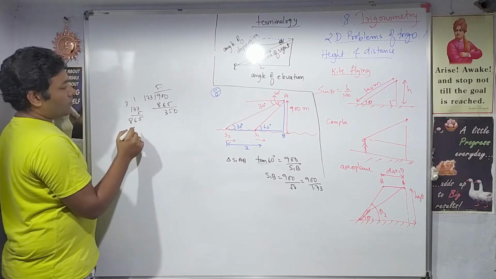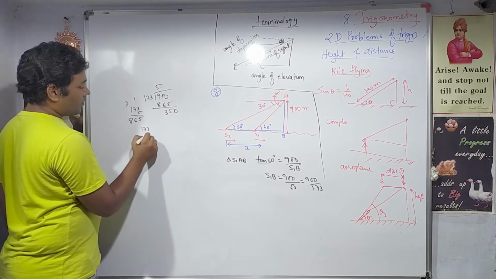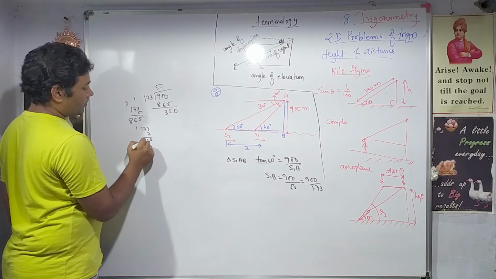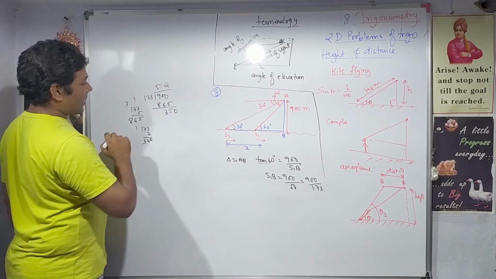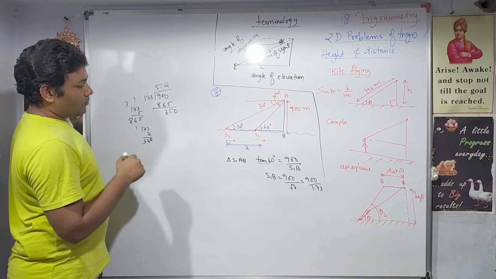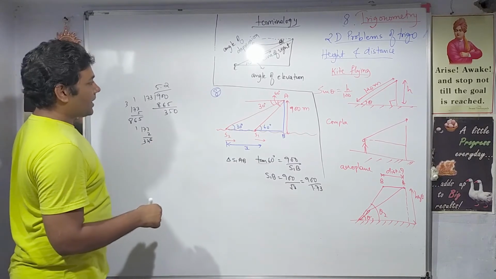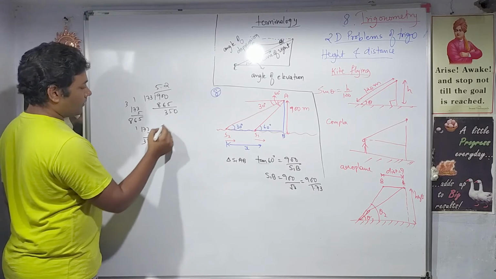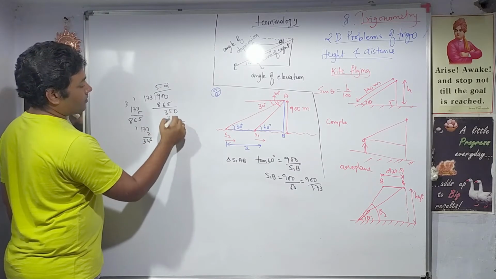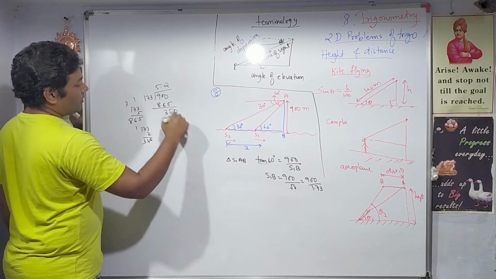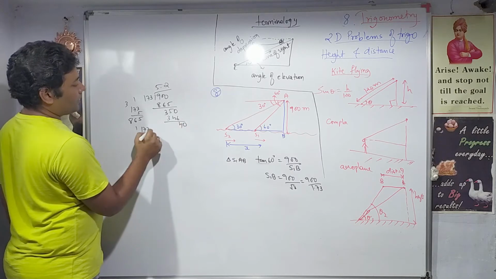It will go 2 times, 346. Yes, so I get 5.2, right? And the 100 will be multiplied. Okay, I should go further. I can take a decimal point here.